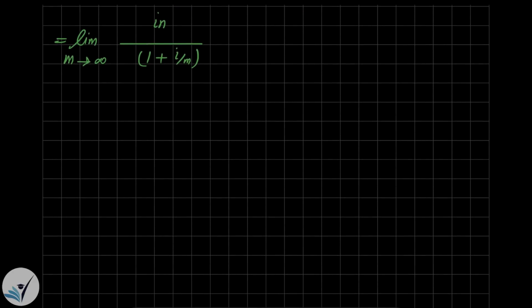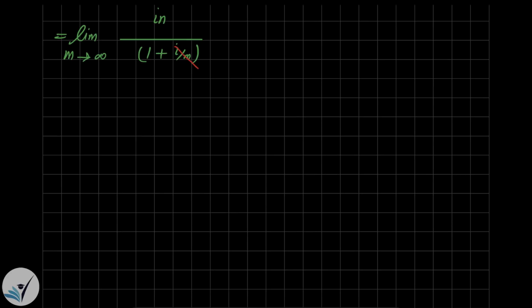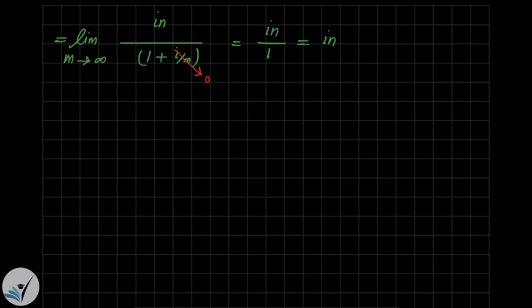And when m approaches infinity, I over m approaches 0, and as a result this limit is equal to I n divided by 1, which is equal to I n. As a result, the limit of ln of y as m approaches infinity is equal to I times n, where y is equal to 1 plus I divided by m to the m times n.